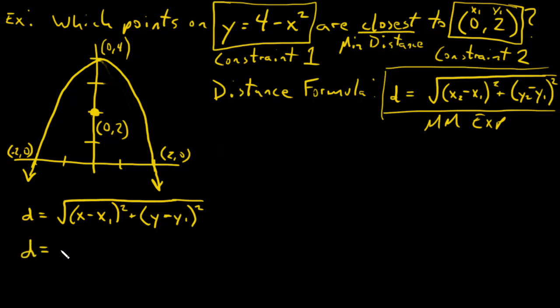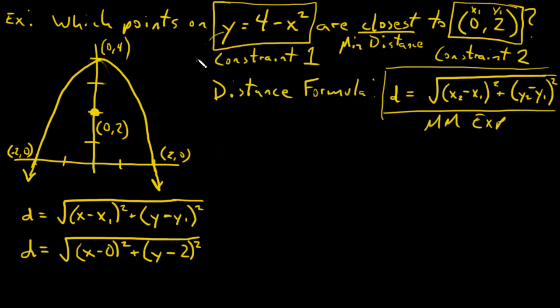D is equal to the square root of (x minus 0) squared plus (y minus 2) squared. Okay, so now I have the second constraint plugged in. Now I need to get this one in. Where does this one go in?